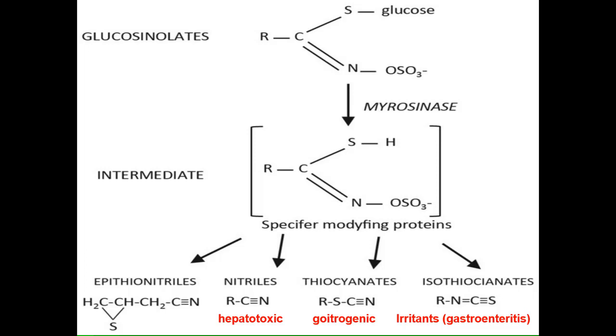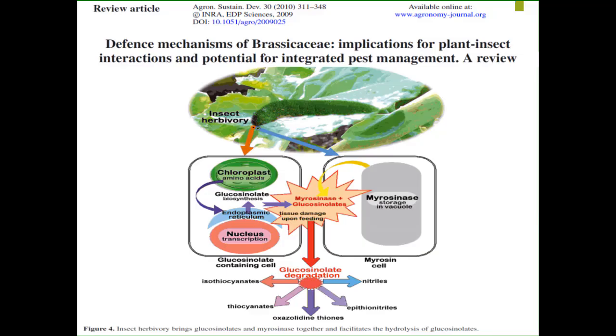These glucosinolates are important defense mechanisms against insects, and they are kept in cells that are isolated from those containing myrosinases, which are the enzymes that will hydrolyze them and convert them into the active principles that we just mentioned. And they are also listed here.